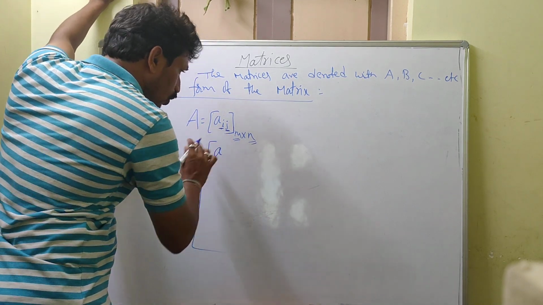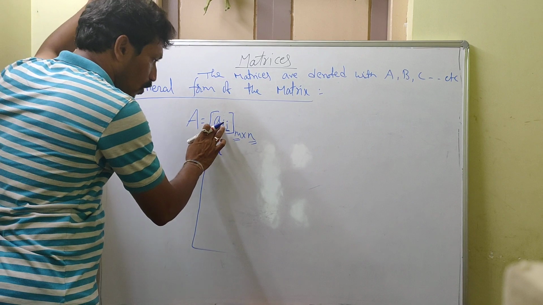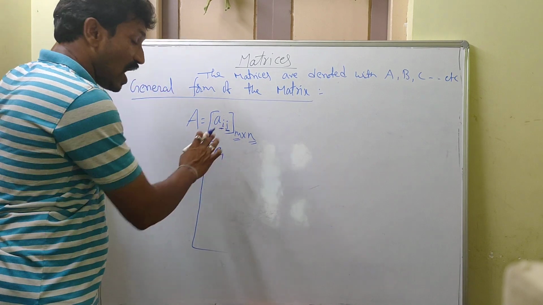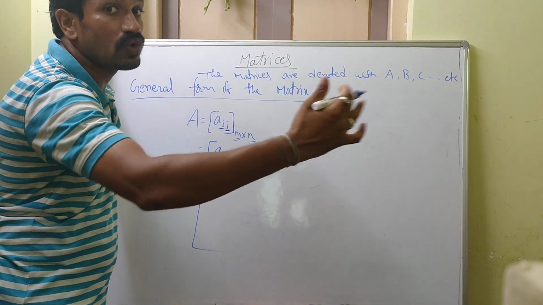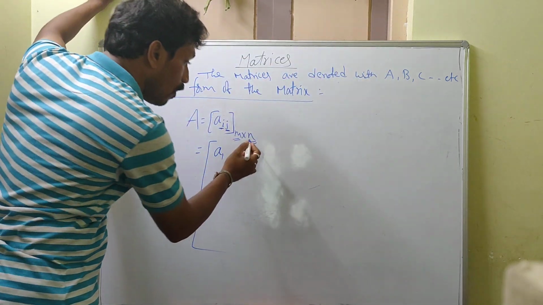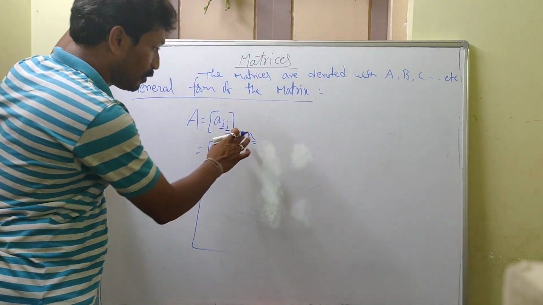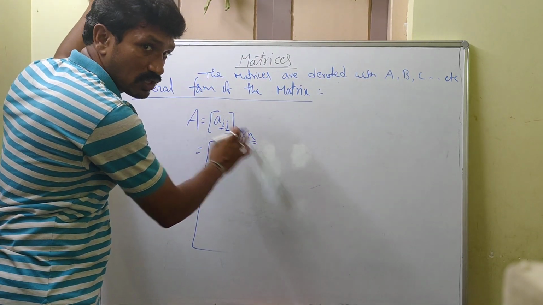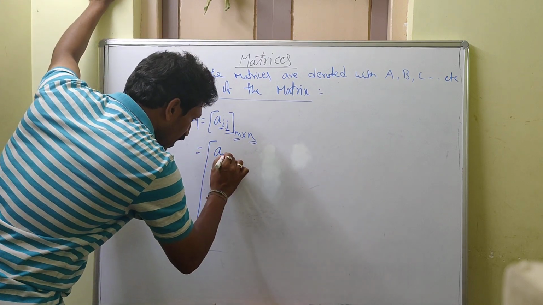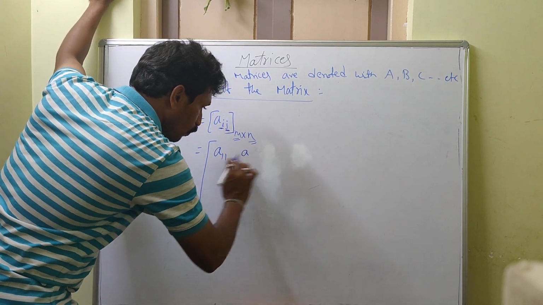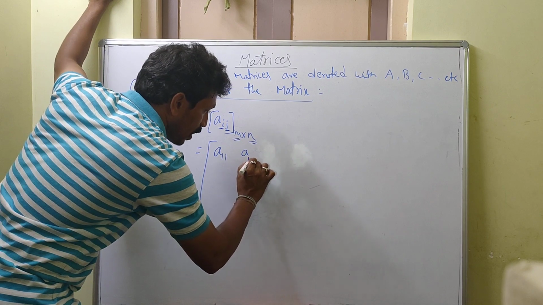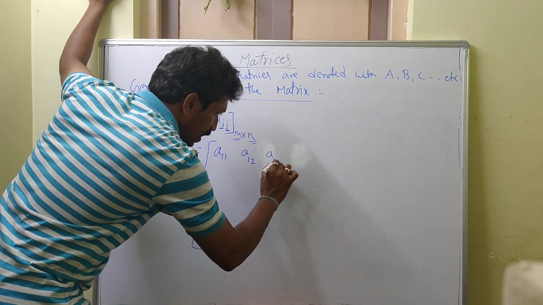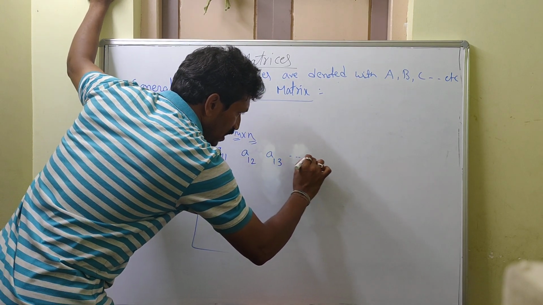See here how to write. First row I am writing now. So i is replaced by 1 and j is replaced by counting numbers 1, 2, 3, 4 up to how much? n, because the number of columns is equal to n. So you write a11, next, one fixed, first row, you are writing a12, a13 and so on.